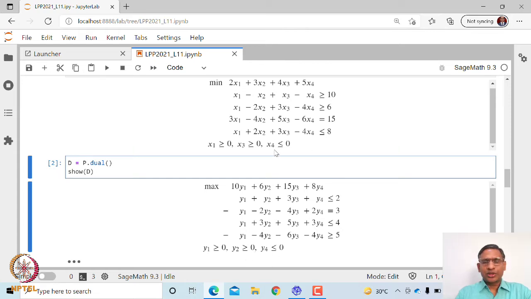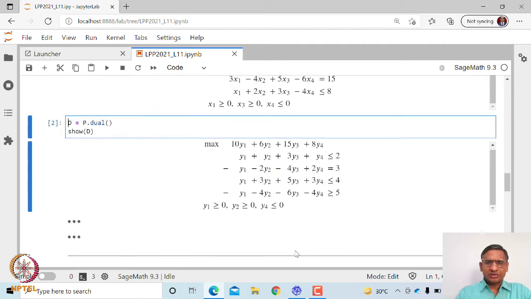And here the fourth constraint was less than equal to, which is opposite of the standard one, so the corresponding variable y4 becomes less than equal to. So these are the changes.